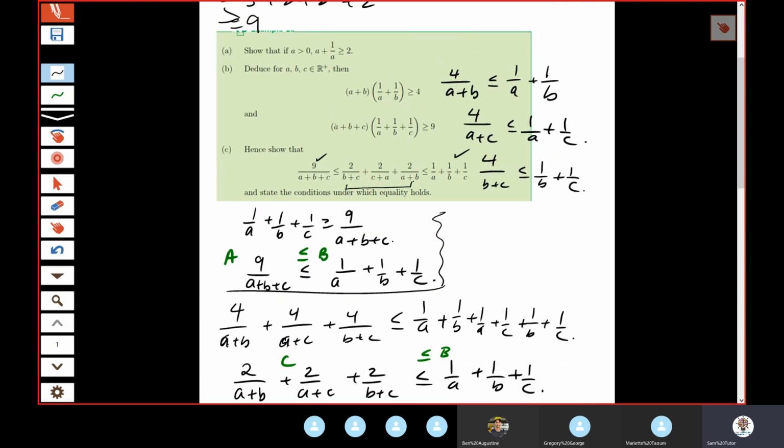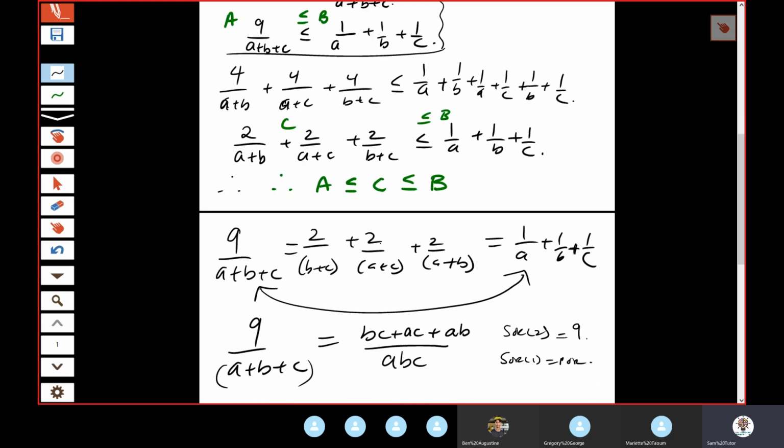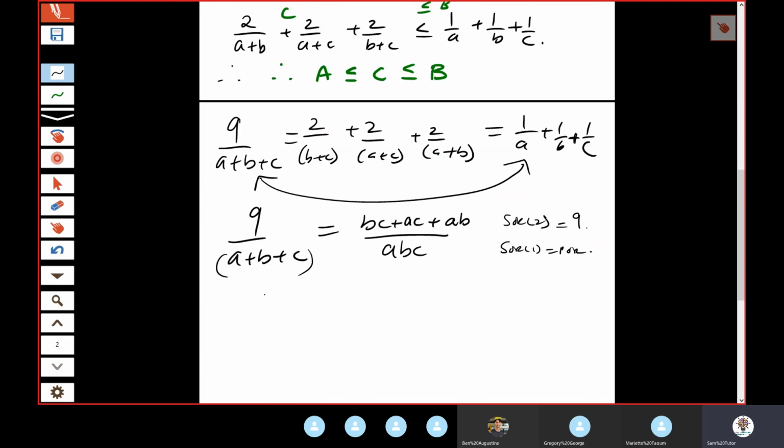A plus b plus c equals abc. Equality holds. Am I finished with that? A plus b plus c equals abc, and bc plus ac plus ab is equal to 9 for equality.